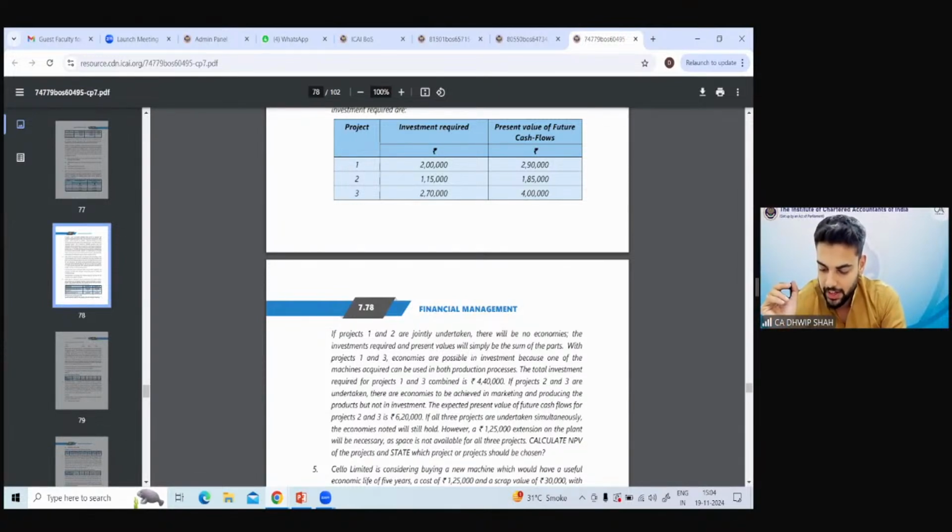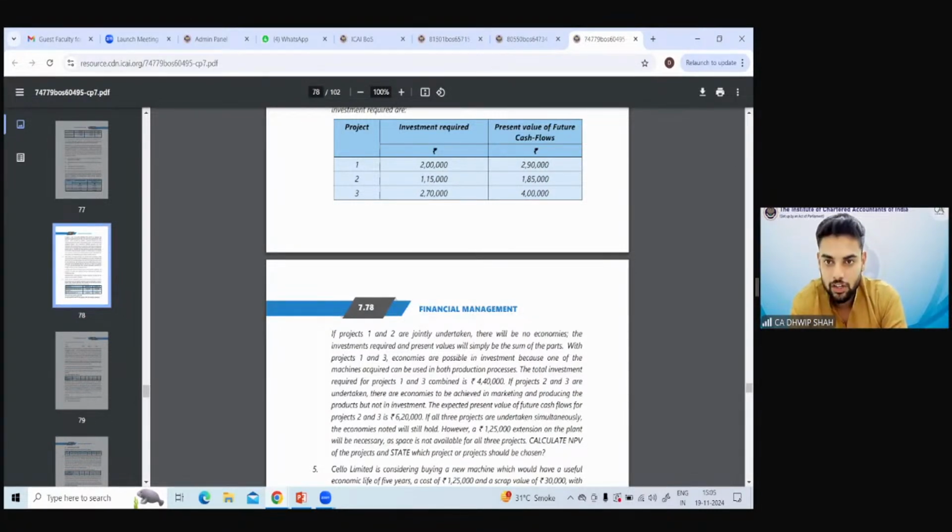If projects 2 and 3 are taken, then again there would be economies. And there would be economies in marketing and producing the products, but not in investment. Okay? So they are saying if project 2 and project 3 are taken, then economies would not be in the investment amount, but they would be in PVCI. See, in the next line they have written, the expected present value of future cash flow for projects 2 and 3 is 620.